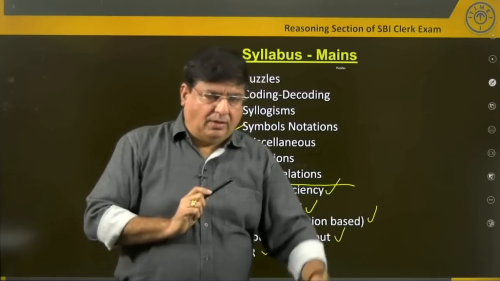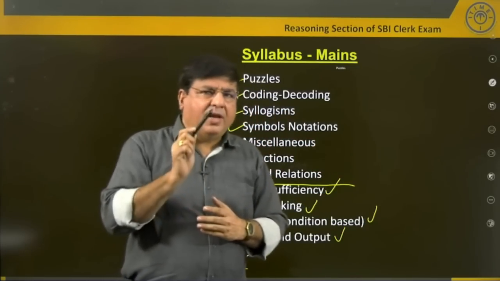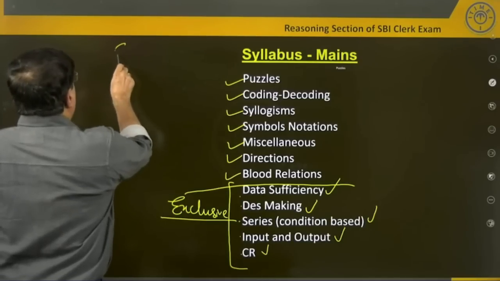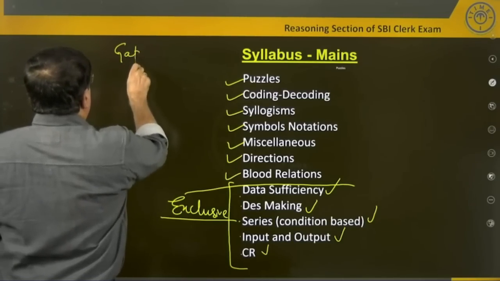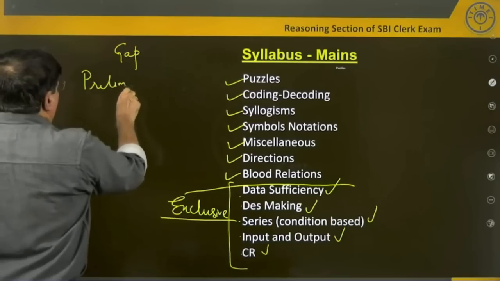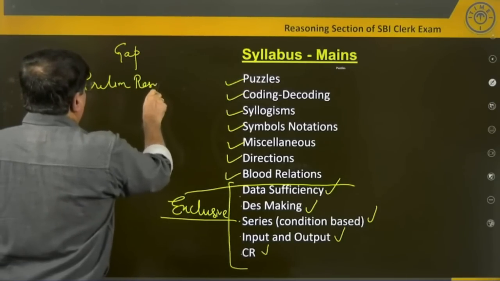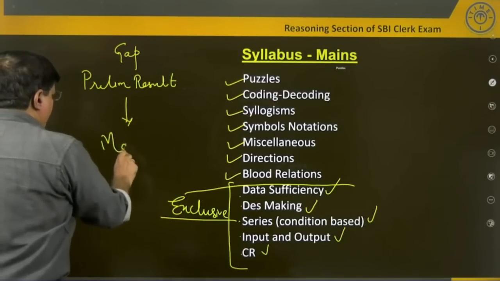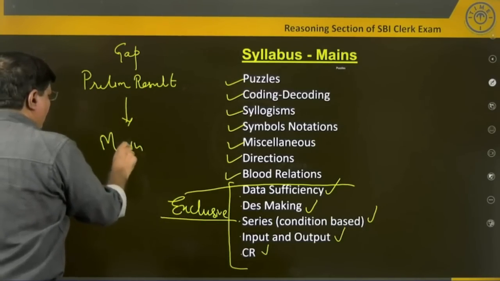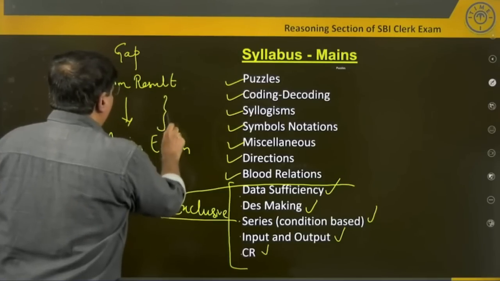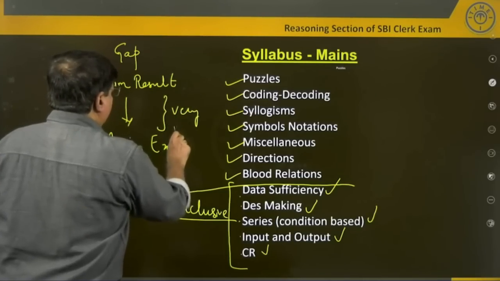Before we go into the analysis of previous papers, one important point here: the gap between the prelim and main exam will be very, very less. The gap between the day you get your prelim result and the date of the main exam will be very less.